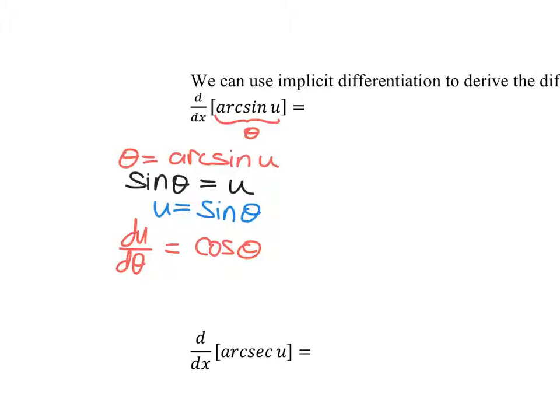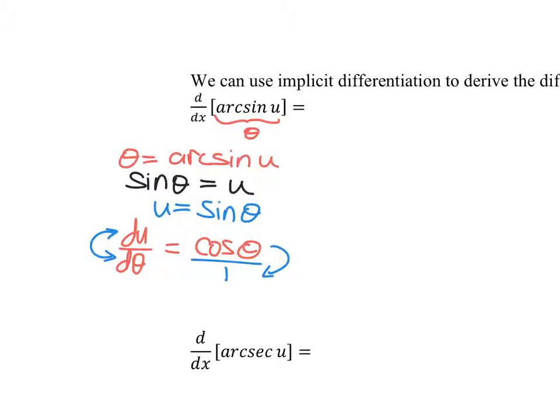Now, it'd be nice if we were completely finished with the problem, but we need d theta/dx. That's not d theta/dx. Well, I could make it so that it has a d theta on top.